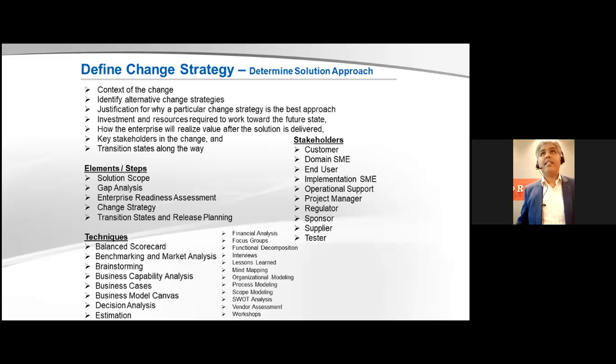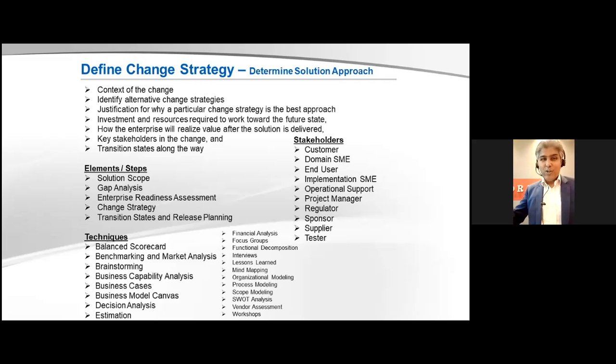We discussed that we are identifying the change strategy. In order to define the change strategy, we identify what our solution scope will be, what gaps we are trying to fill, what business problems we are trying to fix, whether the organization is ready, and what our change strategy will be. Because you have identified multiple strategies, now you give feedback on each strategy in terms of cost, timeline, feasibility, and so on.